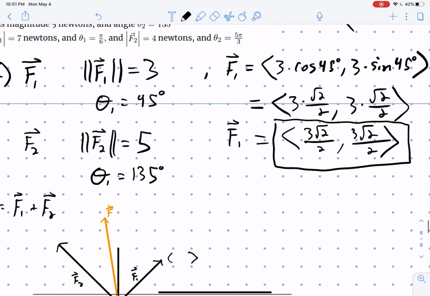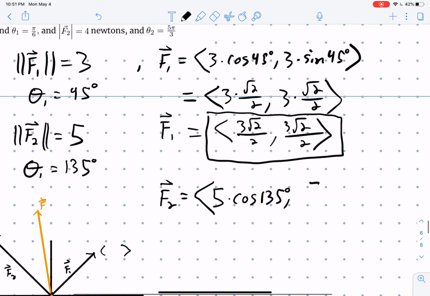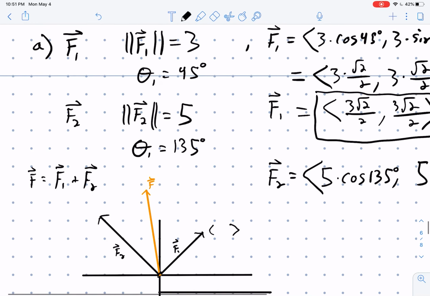Now we're going to do the same thing for f2, and then we're going to add them together. So for f2, 5 is the magnitude, times cosine 135, and then 5 times sine 135. The reference angle here is 45 degrees, so the cosine and sine are going to look a lot like the previous ones, except that the cosine is going to be negative.